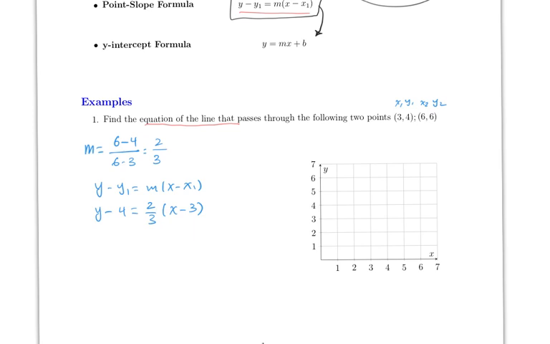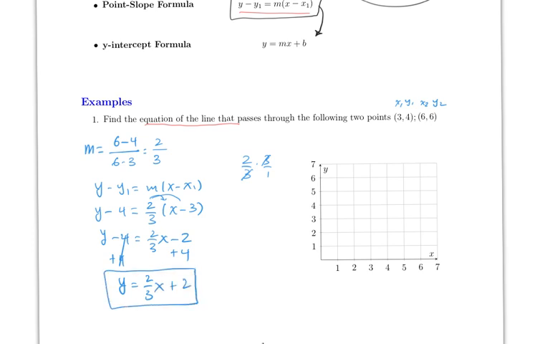Then you have y minus 4 equals 2/3 times x minus 3. If you multiply 2/3 times 3, notice that this will cancel, and you'll end up with just minus 2. And then add 4 to each side, and from here you get 2/3 x plus 2.